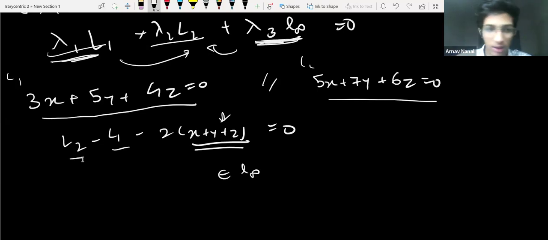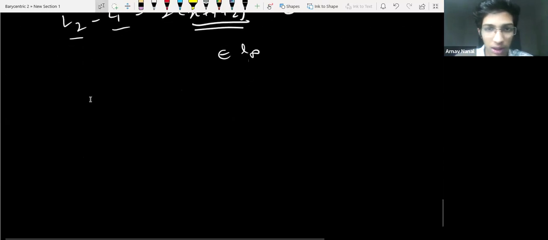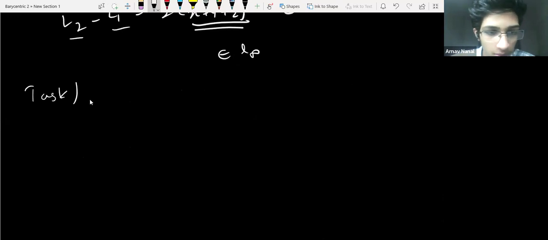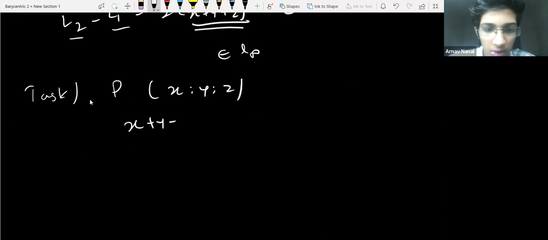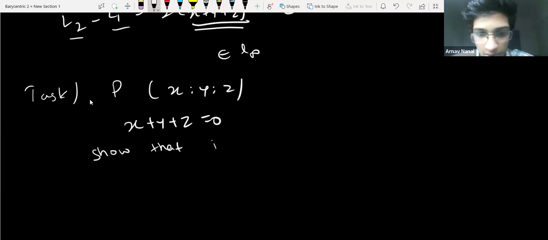Okay, now I'll give a sort of task. If you have some point P, x is to y is to z, such that x plus y plus z equal to 0, show that it is a unique point at infinity.